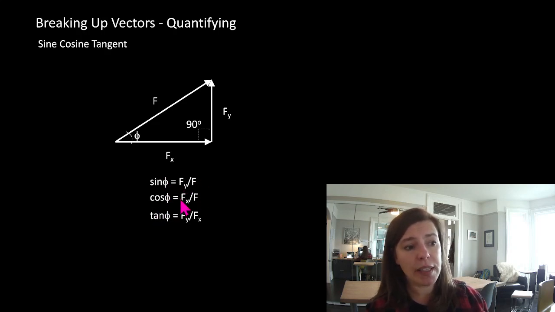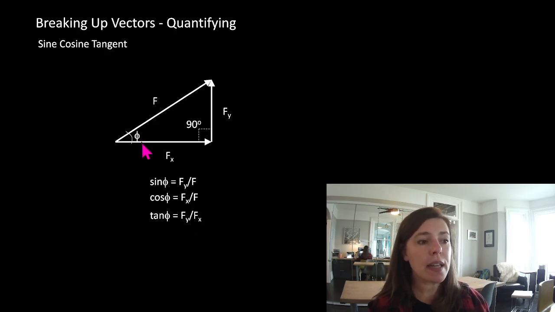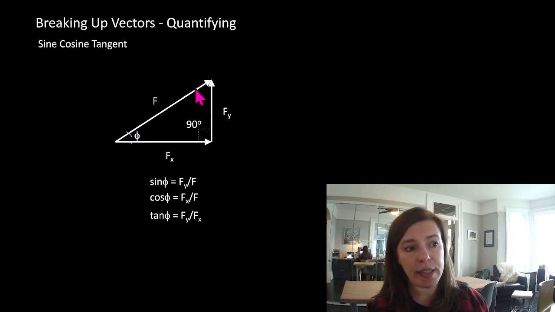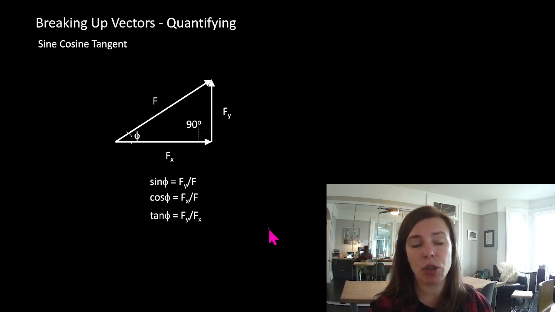Cosine of the angle equals fx divided by f. And the tangent of the angle is fy divided by fx. Now you'll see that I drew this angle off of the x-axis. If we had been talking about this angle here, fx and fy relative to sine, cosine, and tangent would change because the opposite side is different.